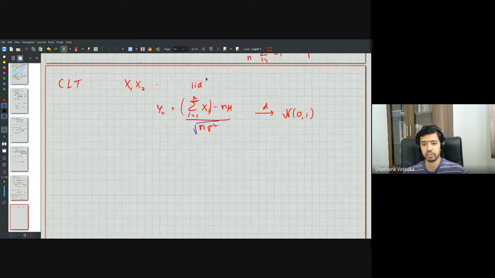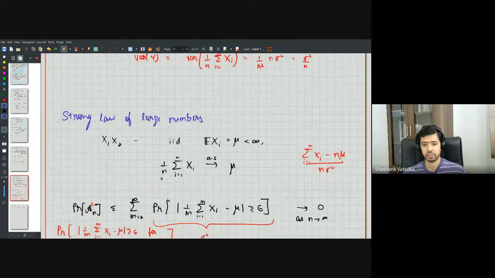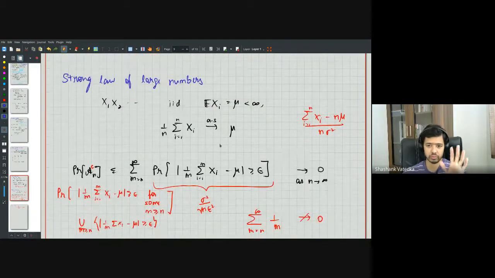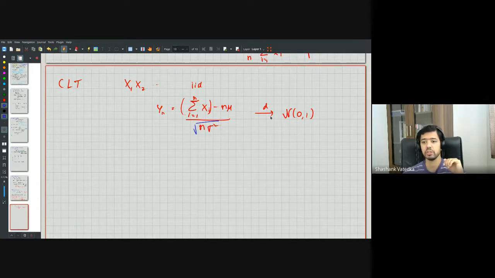Right? So this converges to a Gaussian, whereas this converges to a constant. So 1 over n summation xi, this converges to a constant. Of course, it's in the almost sure sense, whereas 1 over root n summation xi minus n mu, this converges in distribution to a Gaussian. Right?